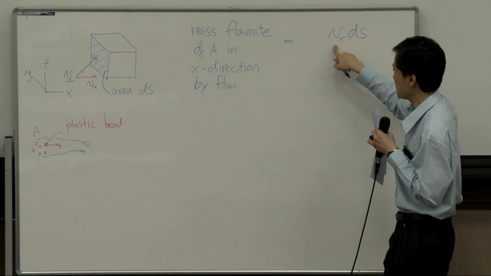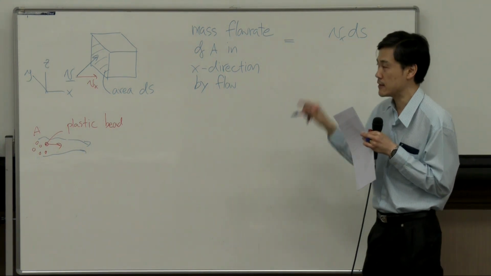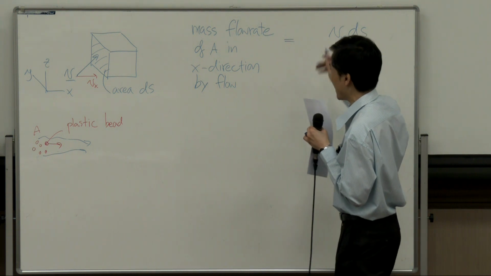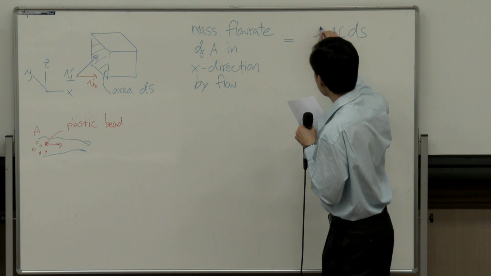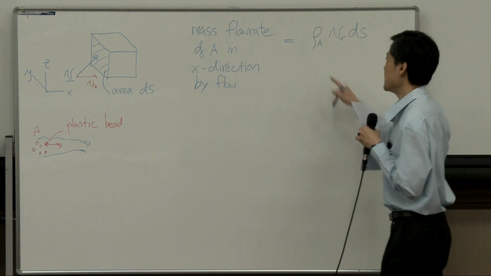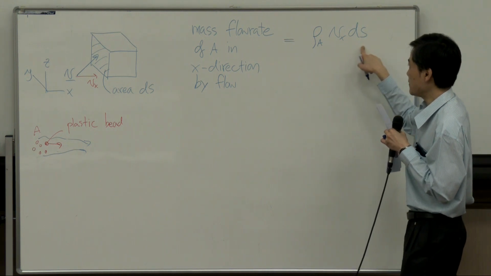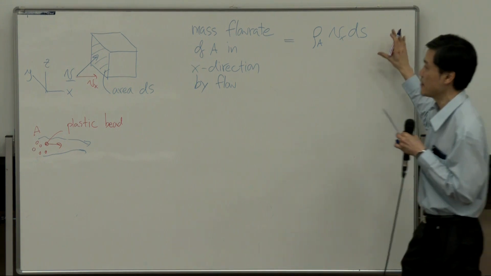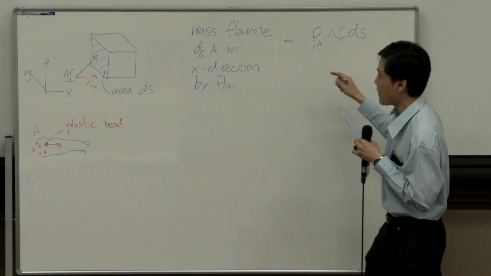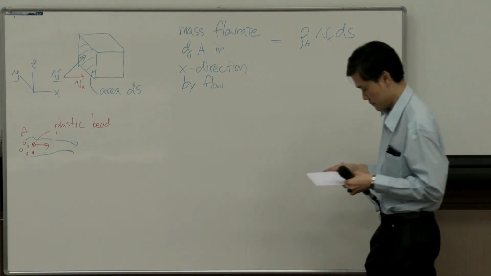This is meters per second, this is meter squared. You end up with meter cubed per second. If you multiply by mass concentration, rho A, this is kilogram of A per cubic meter, and this is cubic meter per second. You end up with kilogram of A per second. That is mass flow rate. And remember, by itself, it has no power. It follows the velocity of the flow.